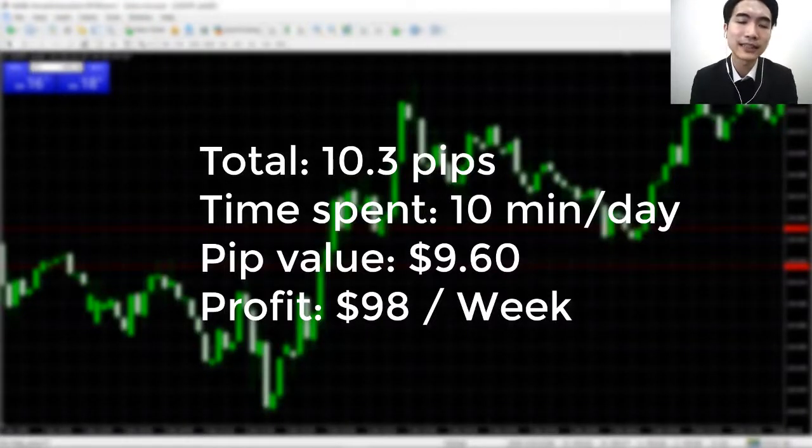Using the same calculation, the total pips here is 10.3 pips. Each pip is roughly around $9.60, so if we multiply by 10.3, the profit that we would get is roughly around $96.